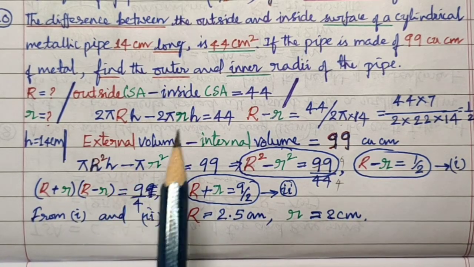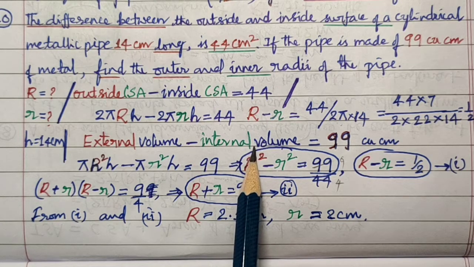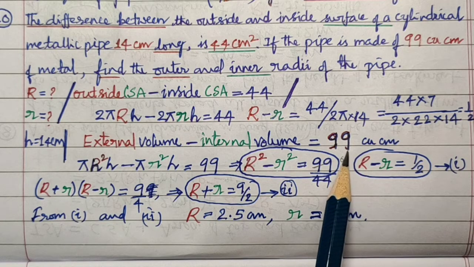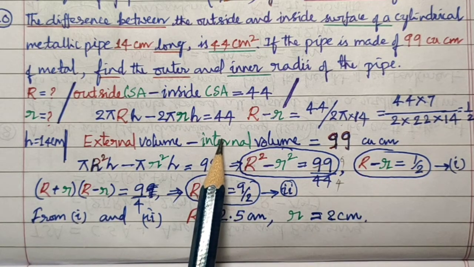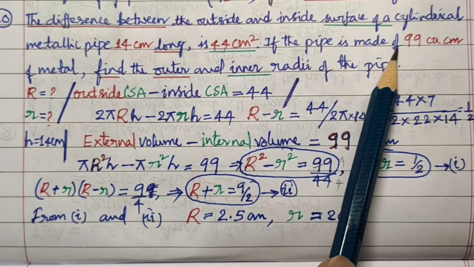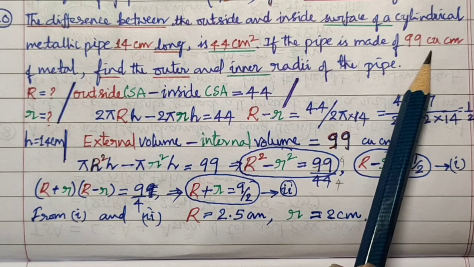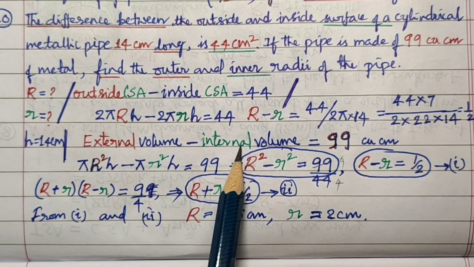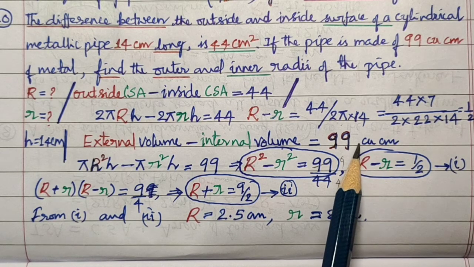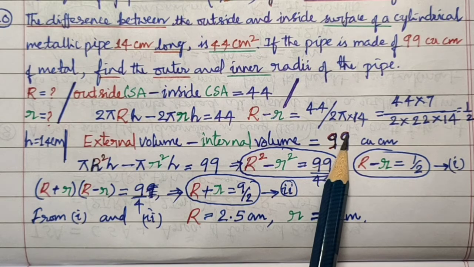External volume minus internal volume is 99 cubic centimeter. This is the volume if the pipe is made up of 99 cubic centimeter. When we remove that hollow, that is external volume minus the hollow volume, it will give the volume of the metal used to make that pipe.